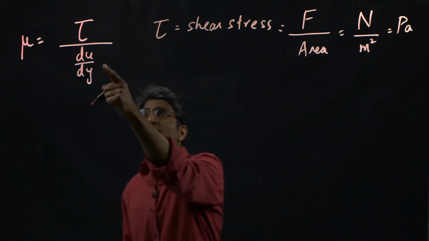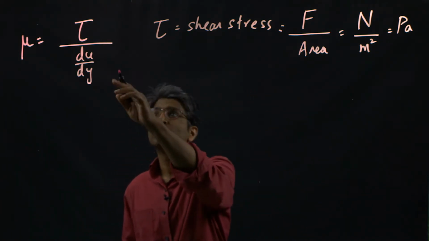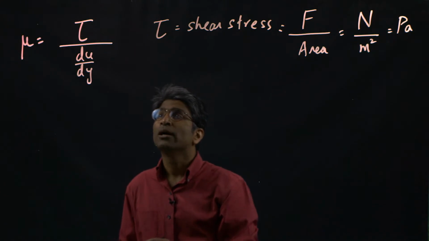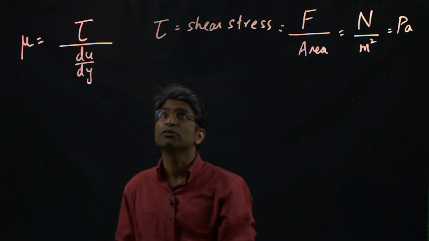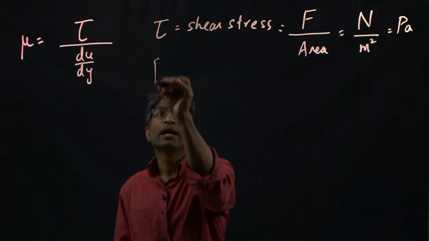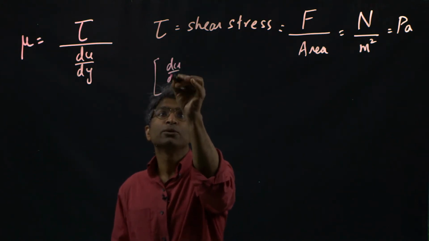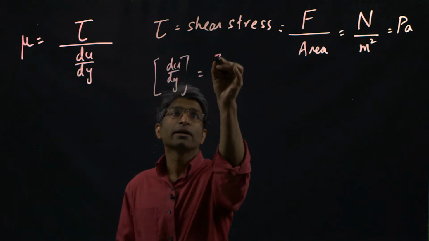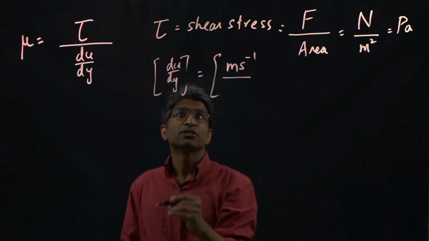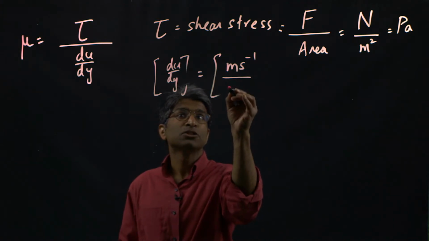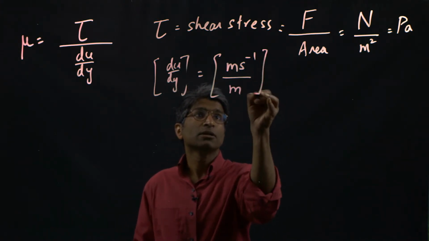And the strain rate, by definition, if I look at the dimensions, the numerator of the strain rate is a change in velocity. So the dimensions of du dy would look like meters per second, and there's a change in distance, that's meters.